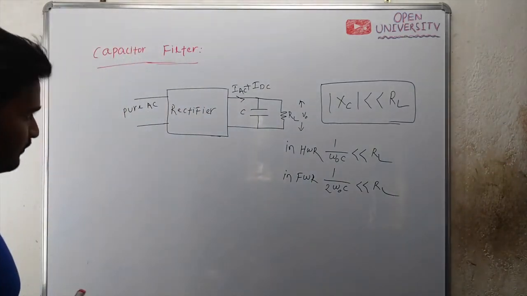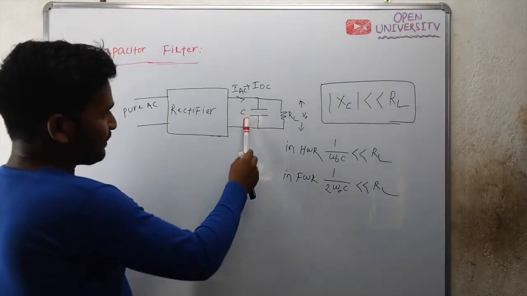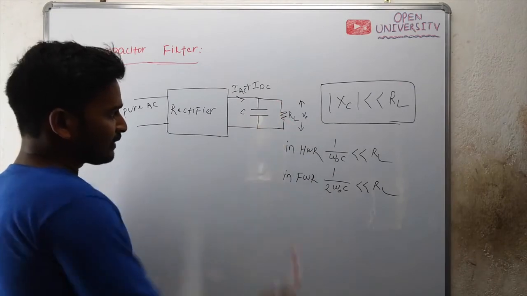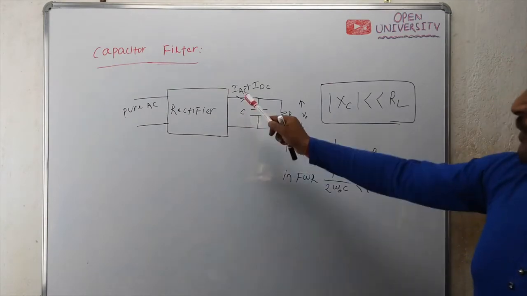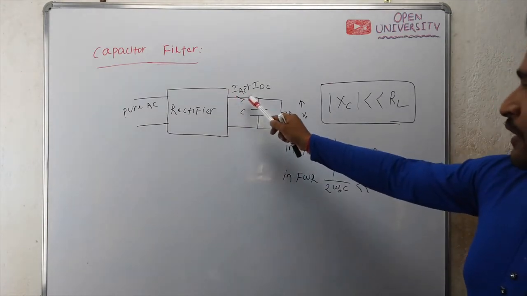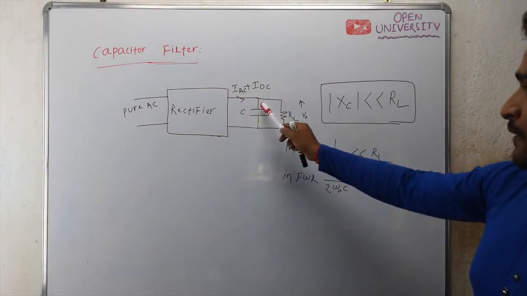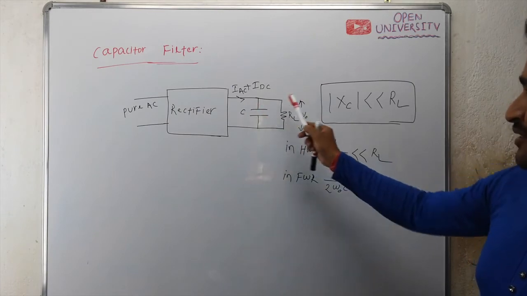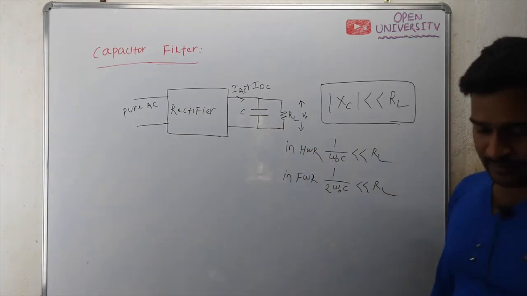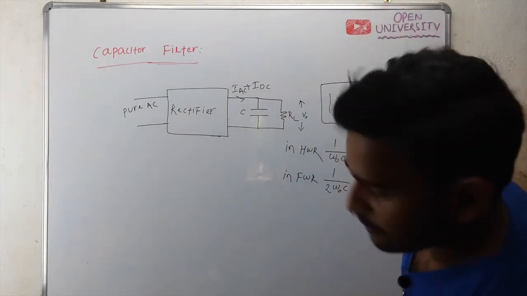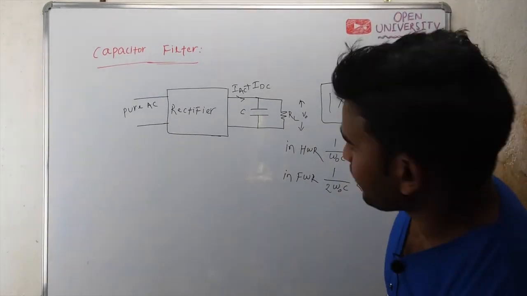Now capacitor and RL are connected in parallel, so whatever current comes will be divided. Capacitor and RL form a current divider.